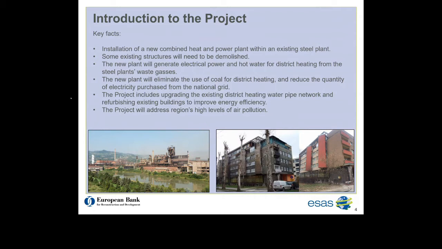Now, the new heat and power plant will eliminate the use of coal for district heating and reduce the quantity of electricity purchased from the national grid. The project includes upgrading the existing district heating water pipe network and refurbishing existing buildings to improve energy efficiency. And the project will also address the region's currently very high levels of air pollution.